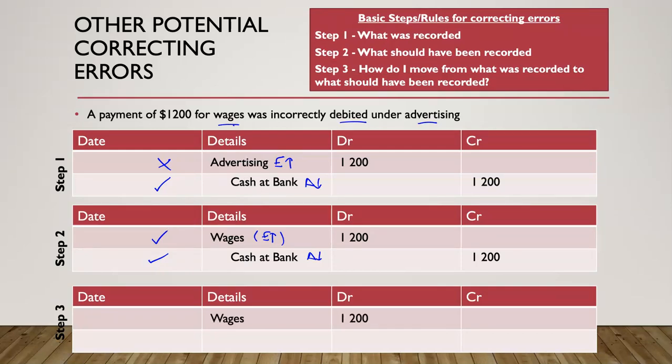But to remove the debit of advertising, the only way to do that is to do a credit of $1,200. I have now done a correcting entry that fixes up my mistake, removes the advertising increase by doing a decrease as a credit, and correctly records my wages increasing. And that's the process that you go through.